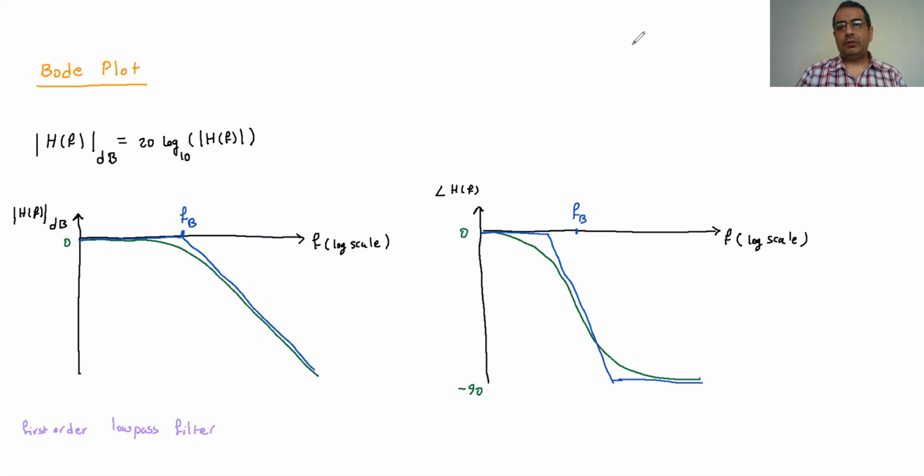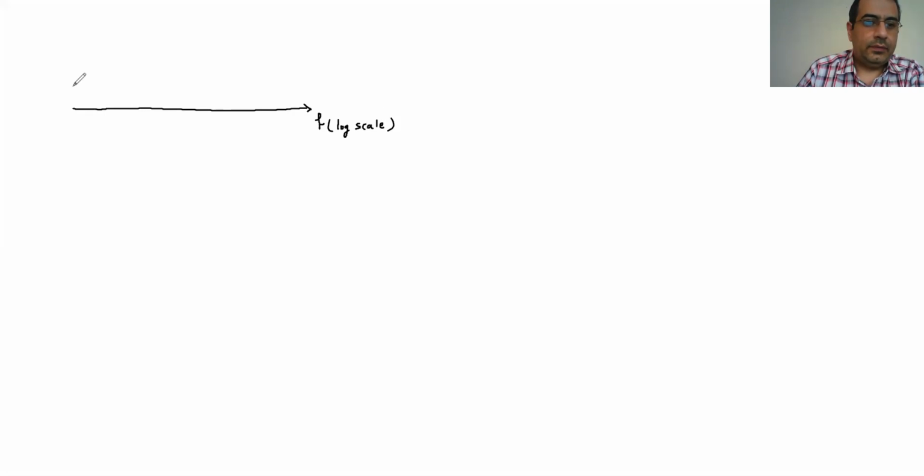I can do the same for the high pass filter as well, so I'll just try to draw it. For the high pass filter, again we have the frequency in the logarithmic scale. Then we have the magnitude of the filter in decibel format, which starts from 0 and goes down.